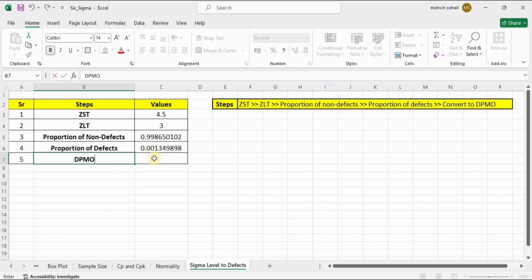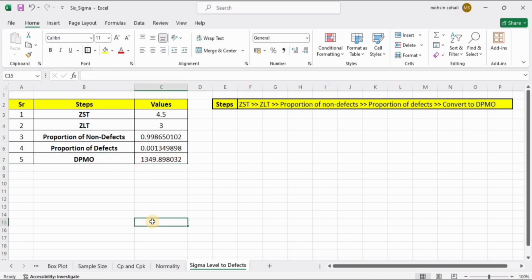Let me type DPMO equal, and simply multiply this value by 1 million, or 10 raised to power 6. Press enter, and here we have the total defects. So if the short-term sigma level is 4.5, we can very easily calculate the DPMO, or defects per million opportunities.